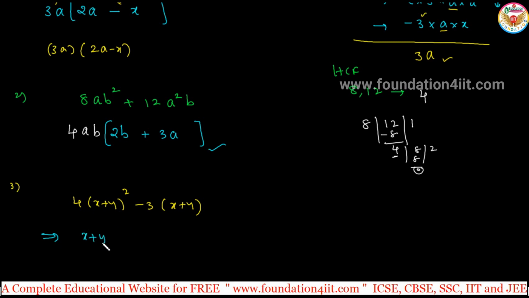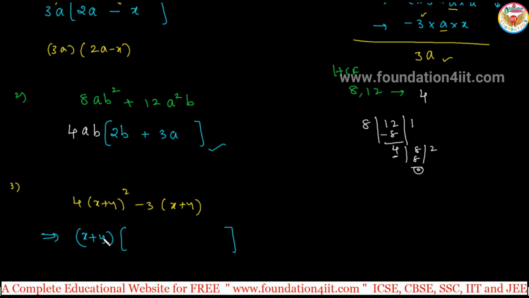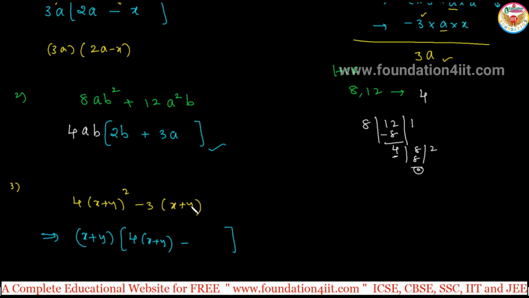So x plus y we can take common entirely because the highest common factor of 4 and 3 is only 1. Now x plus y whole square, so one time x plus y is taken common, more 4 into another x plus y, because x plus y into x plus y is the whole square, again 4 as it is, minus 3 into x plus y is common, more 3.